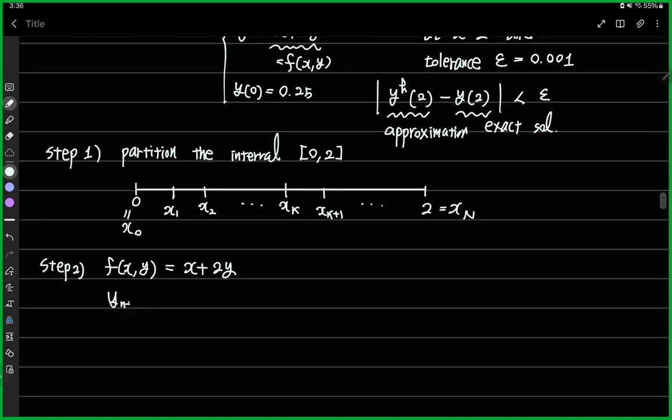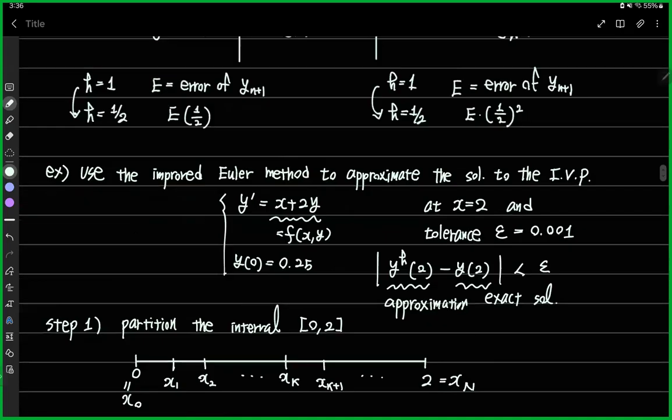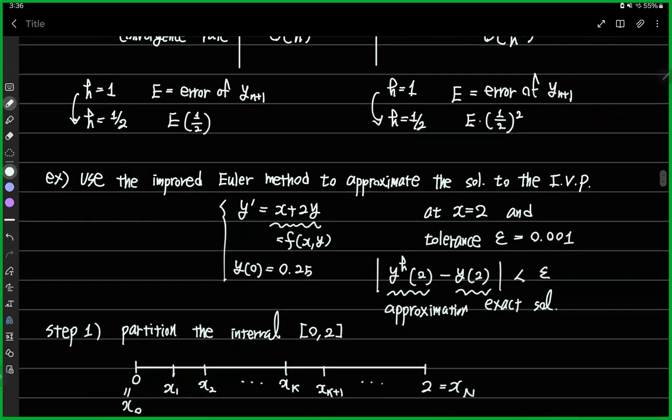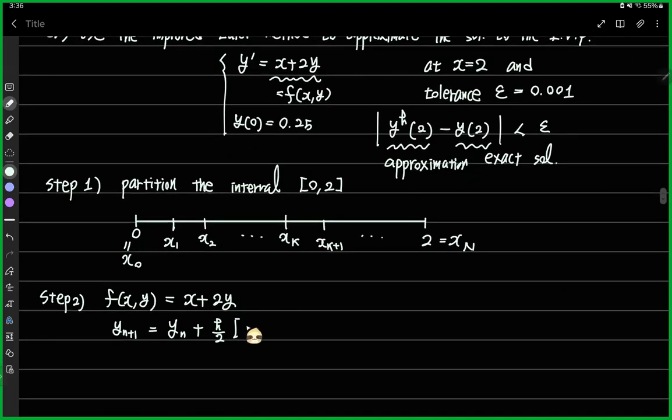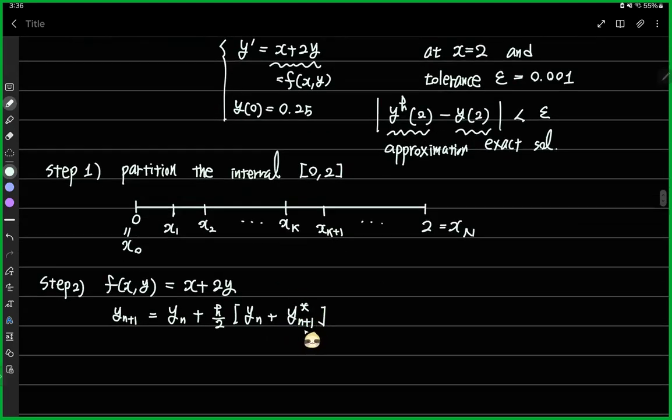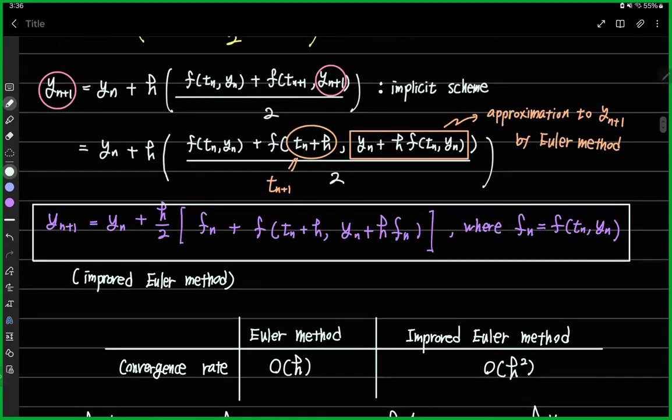Then y sub n plus 1 is equal to y sub n plus h over 2, and that formula is quite long, so let me make it short using new notation, y sub n plus 1 star. What is y sub n plus 1 star?